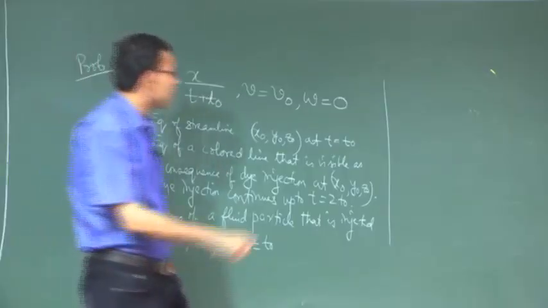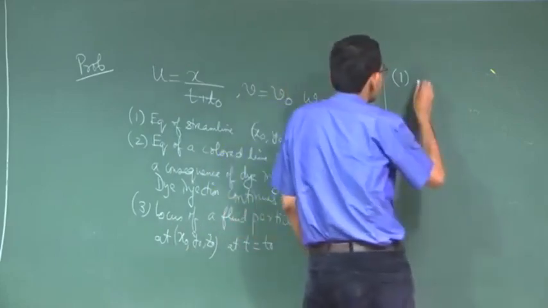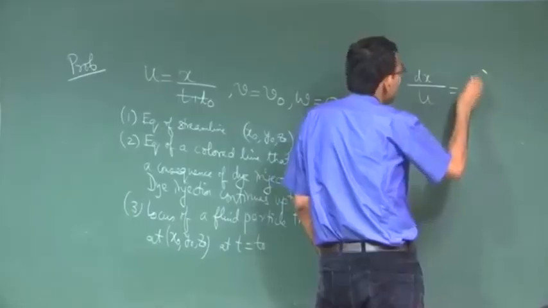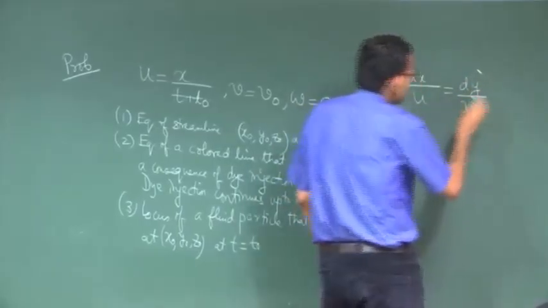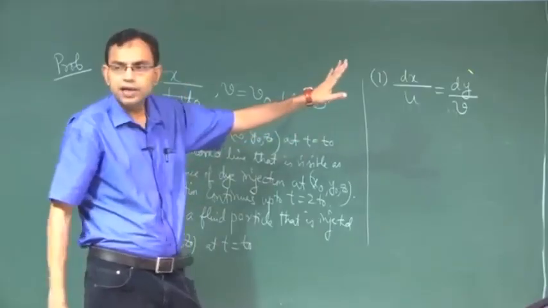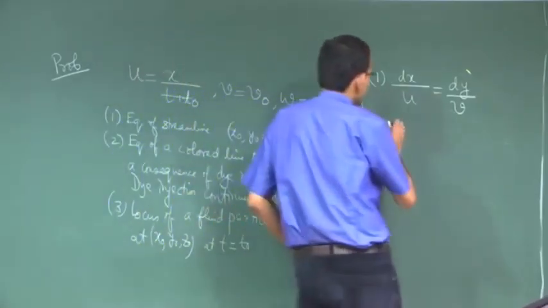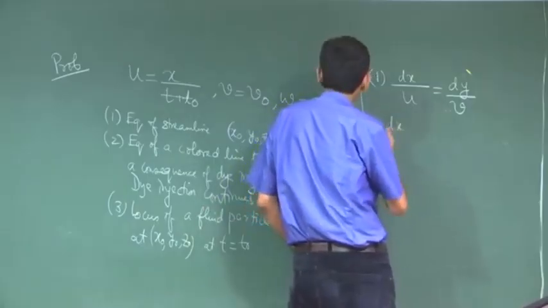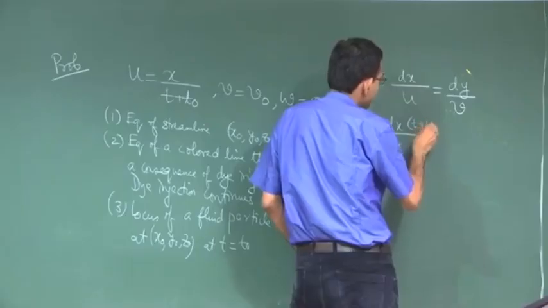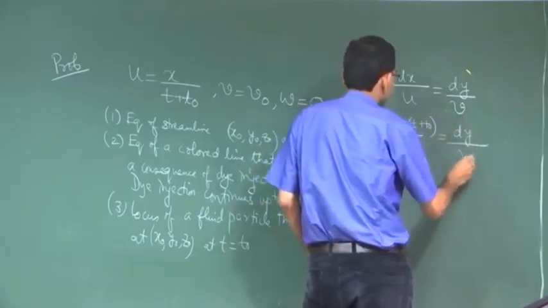So, the equation of the streamline, part 1. dx by u is equal to dy by v. It is a 2-dimensional flow field, because w is not there, so dz by w is not relevant. So you have dx by u, which is x by t plus t0, equal to dy by v, which is v0.